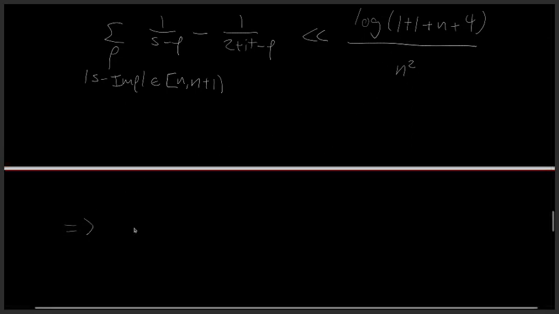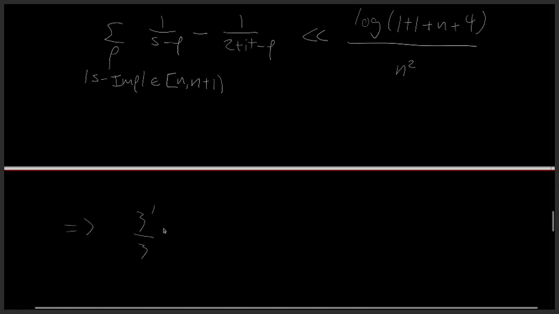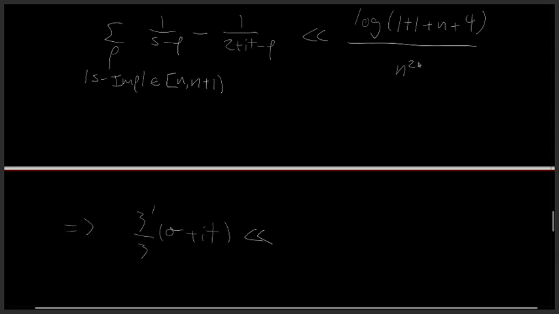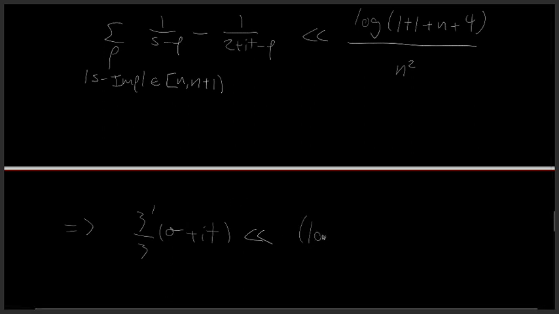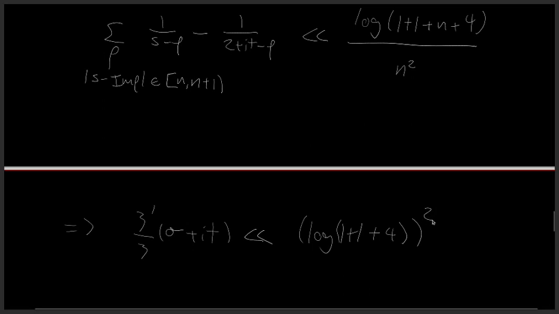So this implies that the logarithmic derivative of the Riemann zeta function at sigma plus it is at most, summing this over n and looking at our estimate for n equals 0, log of the absolute value of the imaginary part plus 4 for good luck, and then the whole thing squared.